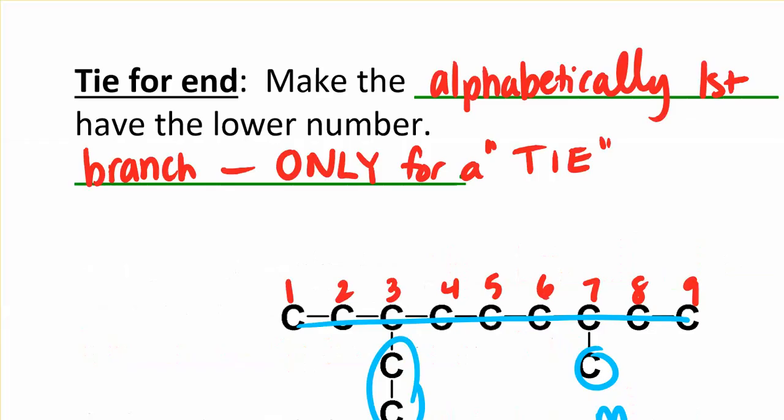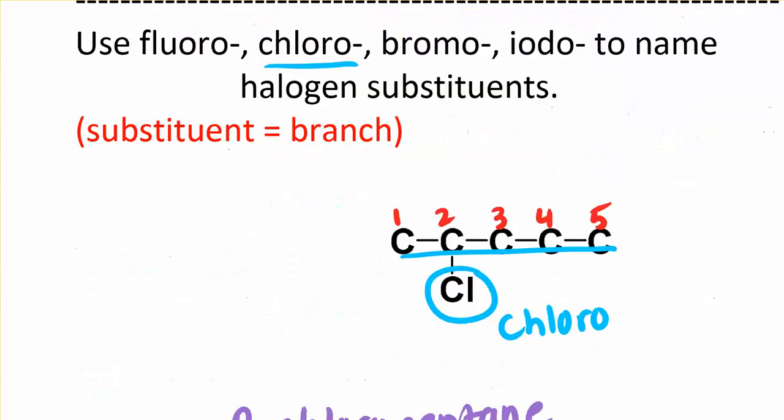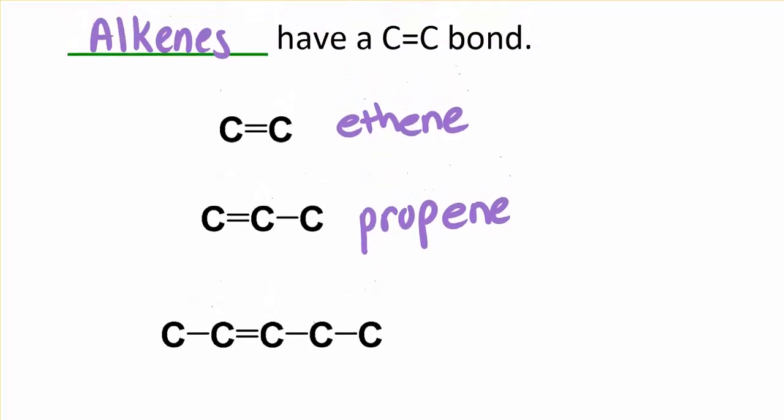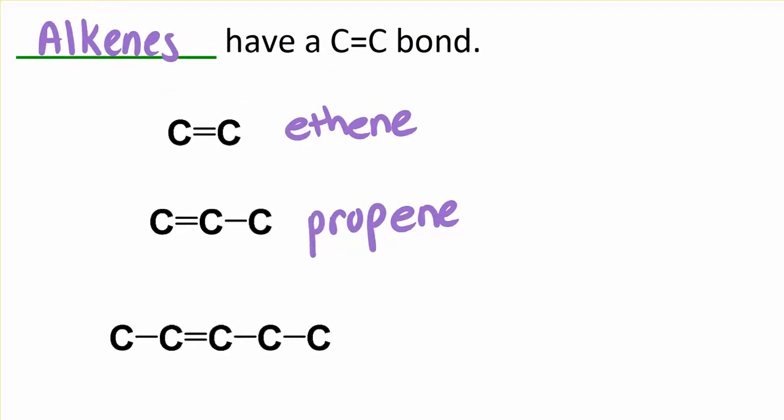Okay, let's go back to where we were. What about this? What if instead of putting the double bond there, I write it like this? Is that a different compound than the propene? It's the same compound.